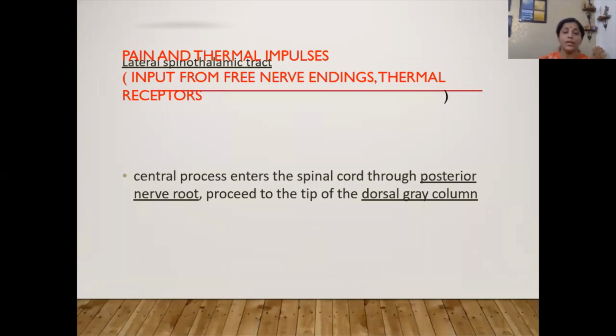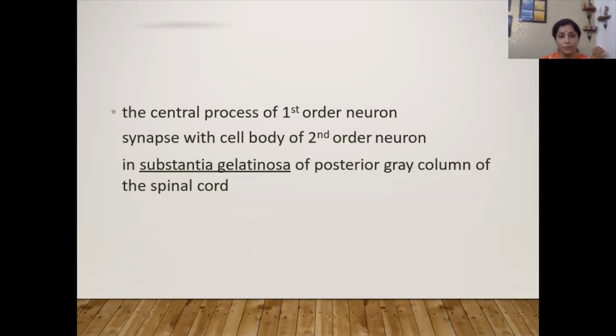Now we come to the lateral spinothalamic tracts, or the pain and thermal impulses, in detail. Now we all know that the input or the sensation is taken up by the free nerve endings or the receptors for heat and cold, the thermal receptors. We know that the central processes of the first order neuron would enter the spinal cord through the posterior nerve root or the dorsal nerve root, and proceed to the tip of the dorsal gray column.